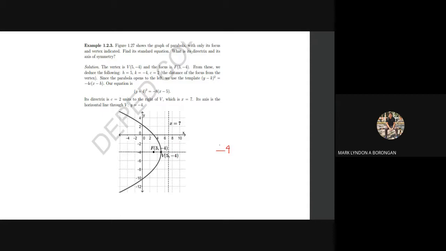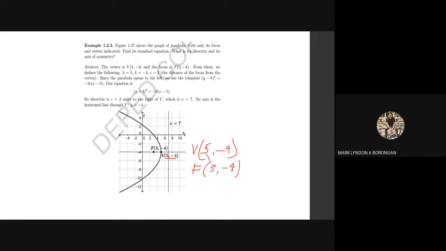Then the vertex, note that it is at (5, negative 4). So the vertex is at 5 and negative 4, and our focus is at 3 and negative 4.